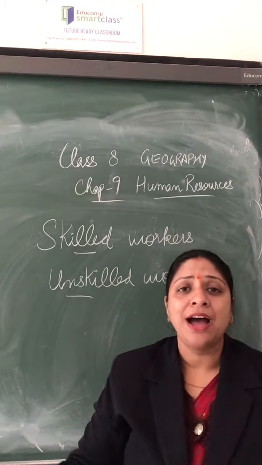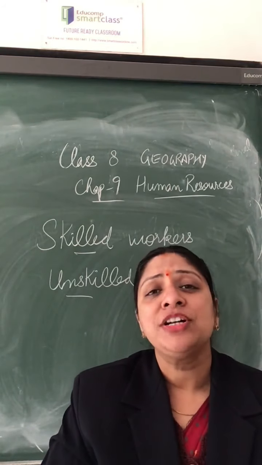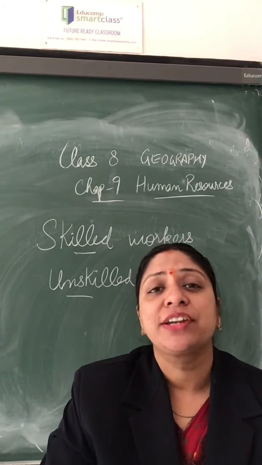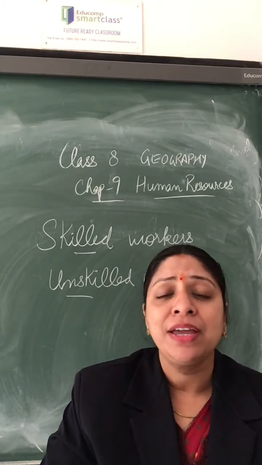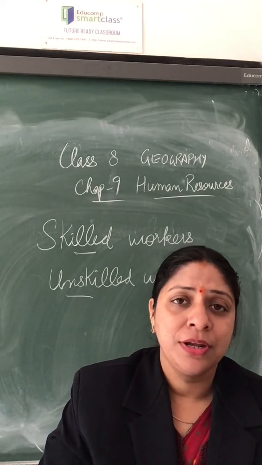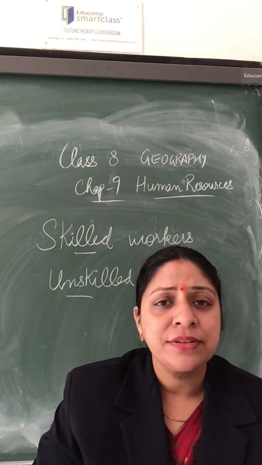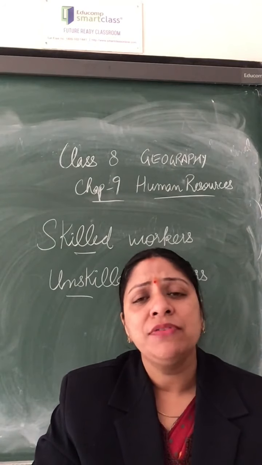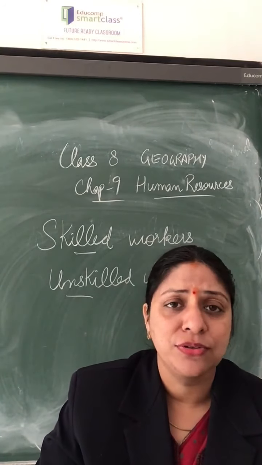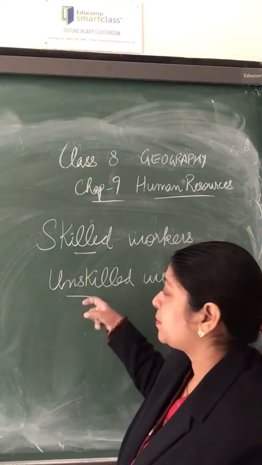Skilled means those who have all the knowledge, who have undergone special courses and special training to improve their knowledge and skill. Unskilled means that no courses are needed, no experience is needed, and not even proper training is needed for those people. And therefore, the difference comes in.